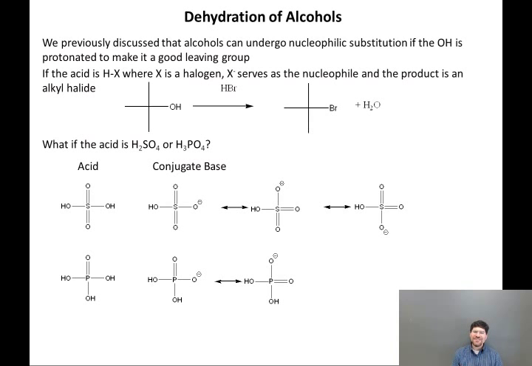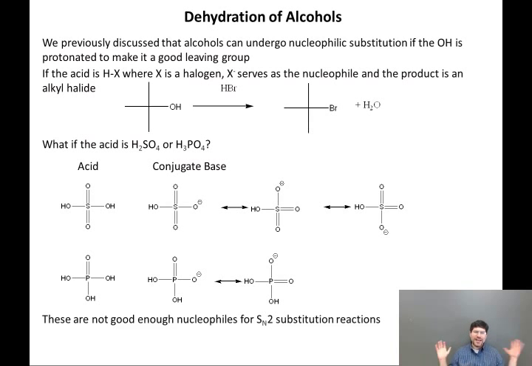Incidentally, the fact that sulfuric acid is a much stronger acid than phosphoric acid can partially be explained by the existence of an additional resonance structure to stabilize the anion. Okay, so these are clearly not good enough nucleophiles for SN2 substitution reactions.